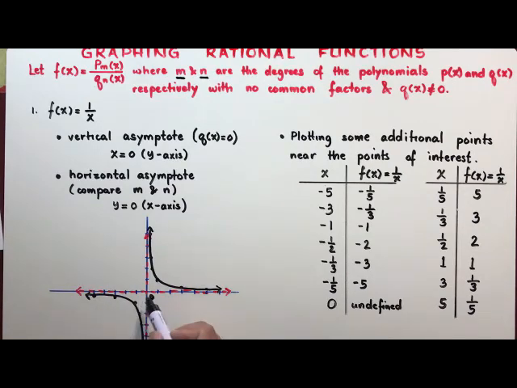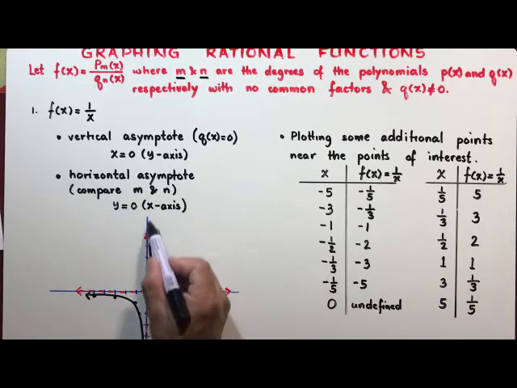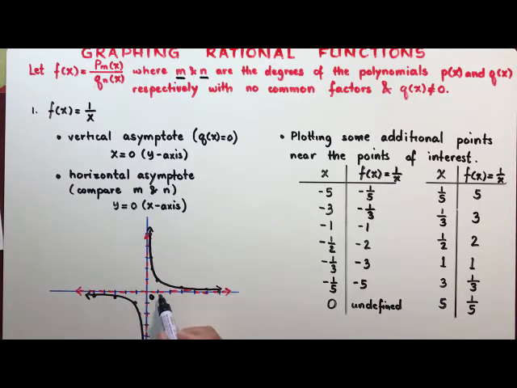So the function is decreasing indefinitely without bound as x approaches 0 from the left. And also the function increases indefinitely without bound as x approaches 0 from the right. So with this information, we can find the domain of the function. The domain of the function is the set of all x such that x is a real number, so it's just all the real numbers, but x must not be equal to 0.